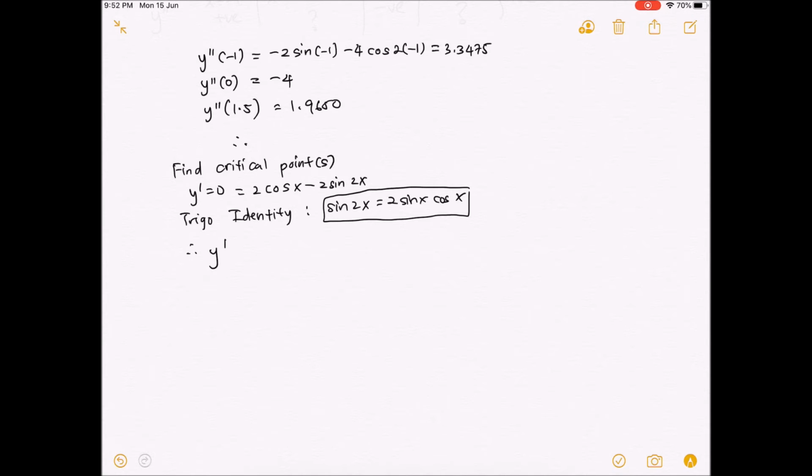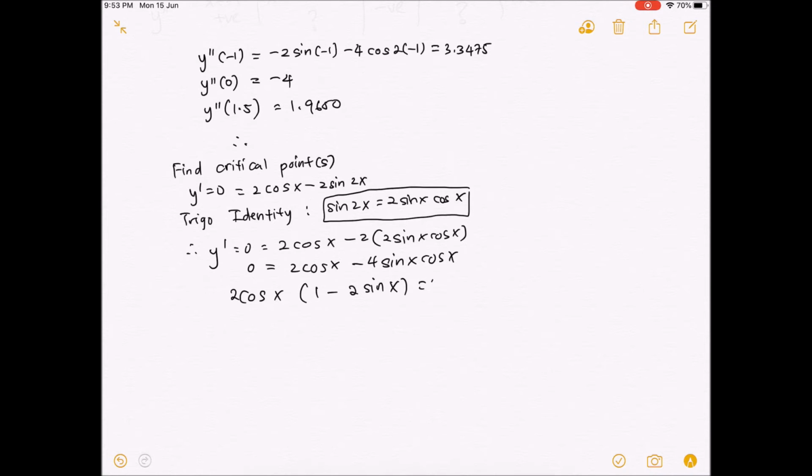So I factorize the 2 cos x and will have 1 minus 2 sin x equals 0.